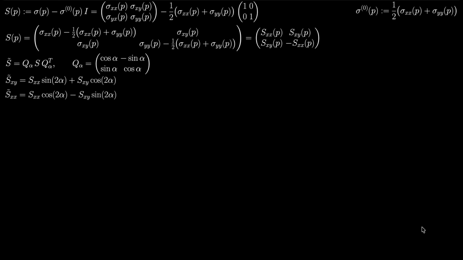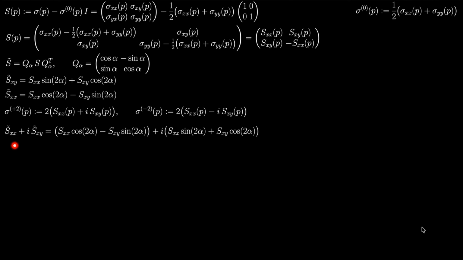We get a similar result for S tilde XX, and so in a similar way with the vector u, by making the identifications, or the definitions if you prefer, sigma +2 and sigma -2 expressed in terms of the components of the interesting part of the stress tensor, S tilde xx plus i S tilde xy, we'll just take these terms that we derived earlier and write a similar linear combination to these ones that we just identified.